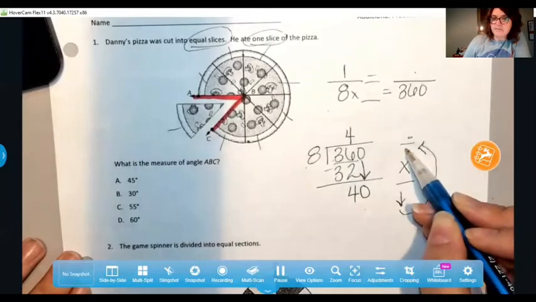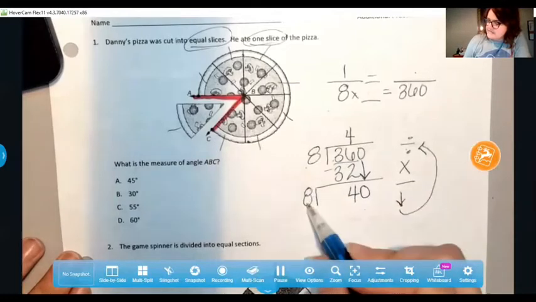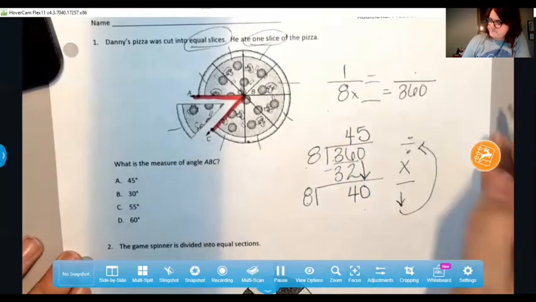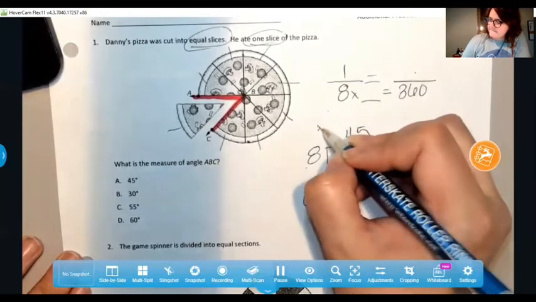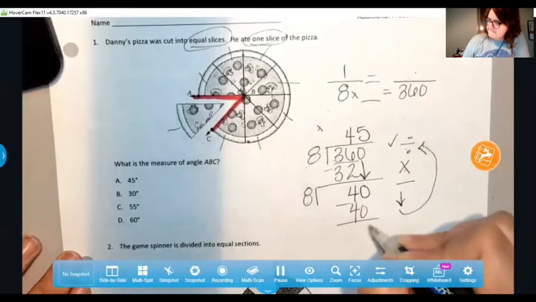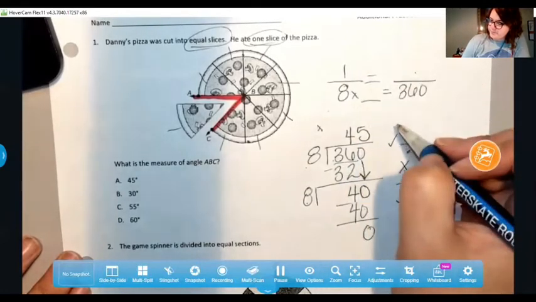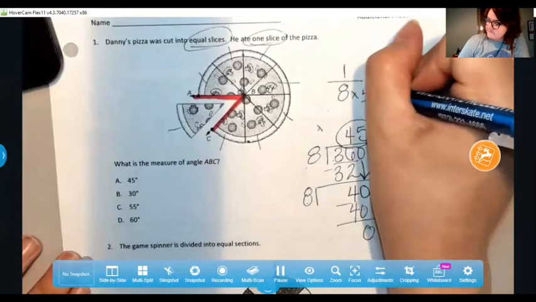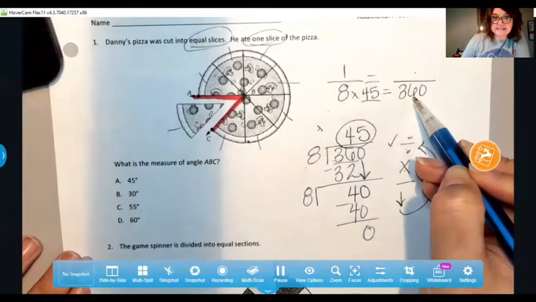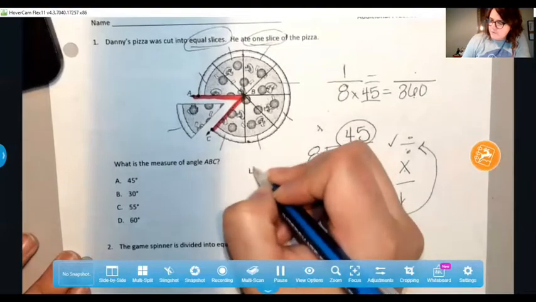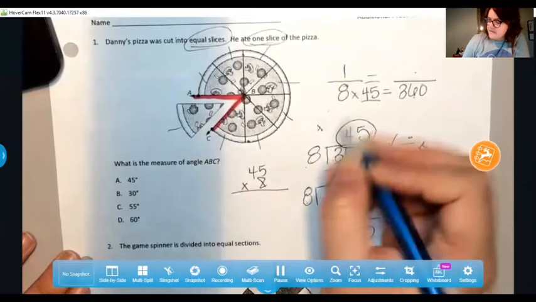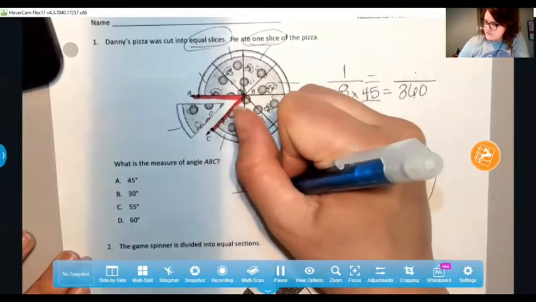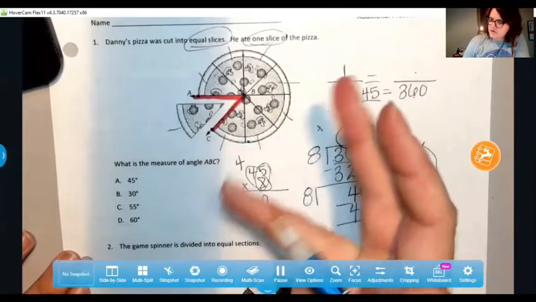Now it's time to bring it on back. How many times can 8 go into 40? Multiply. So our answer is 8 times 45 equals 360. And if we wanted to double check that, we could go 45 times 8. 5 times 8 is 40. 8 times 4 is 32, 33, 34, 35, 36.